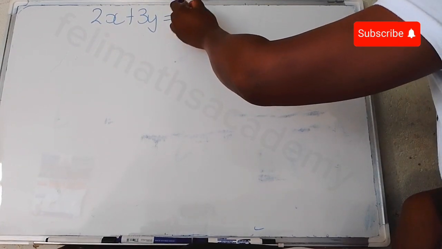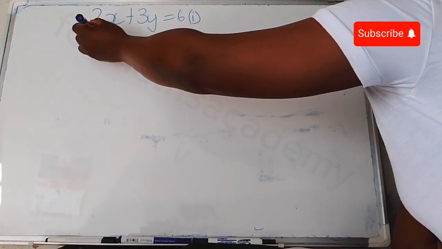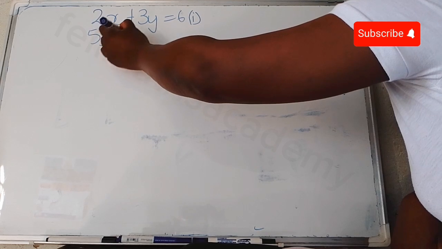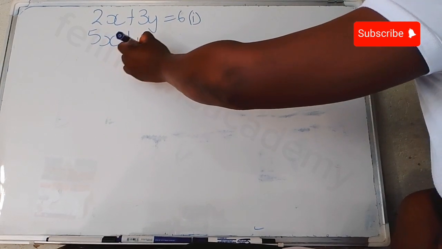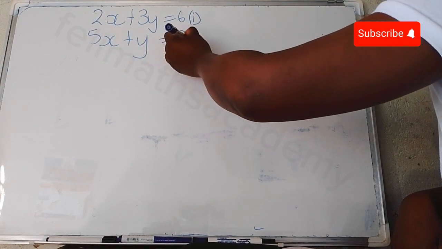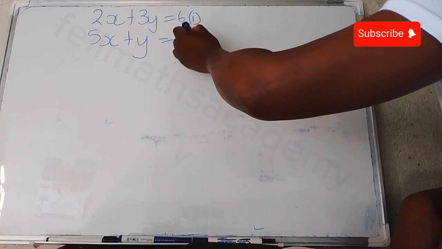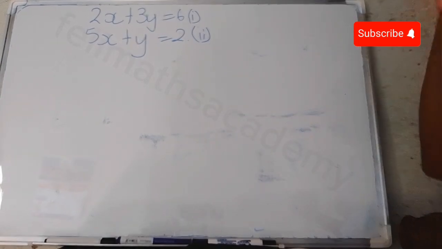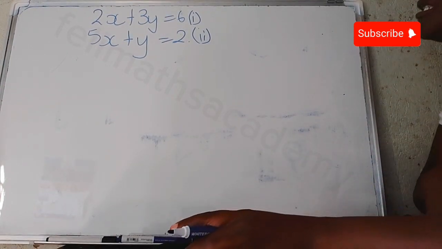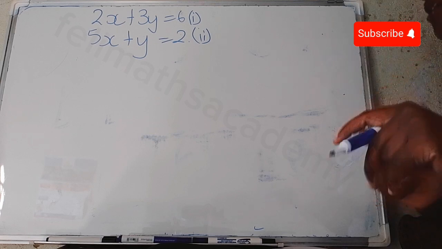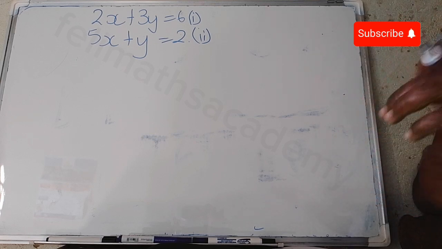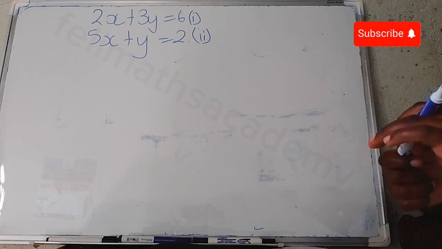That's equation 1. And 5x plus y is equal to 2. This is the same equation that we did yesterday, in the previous video, right?